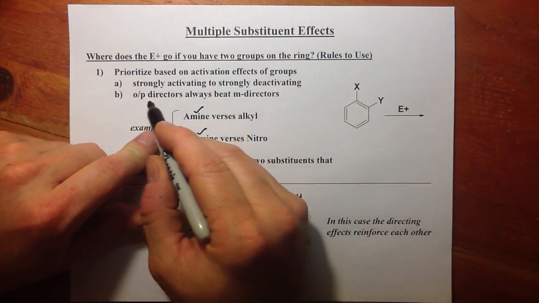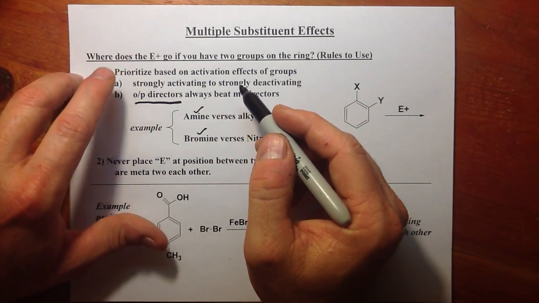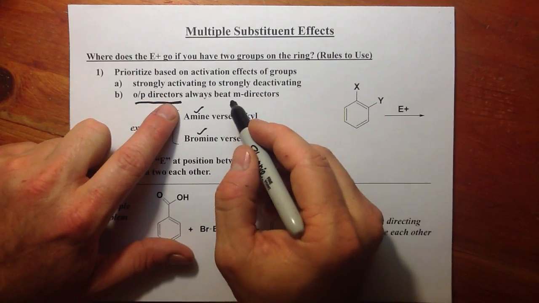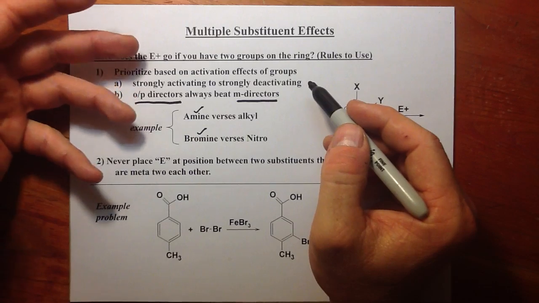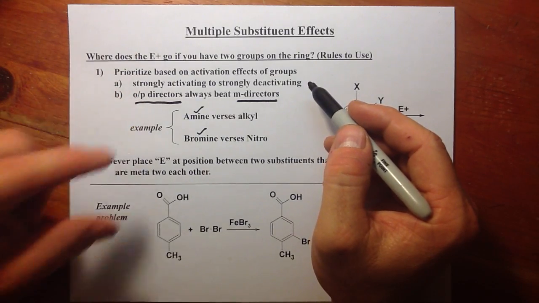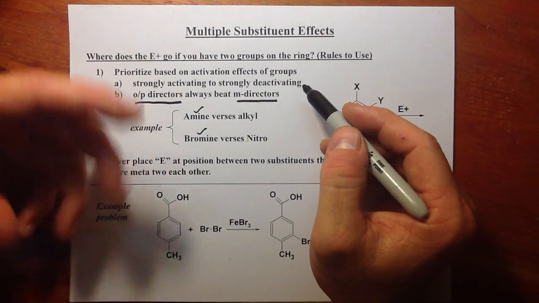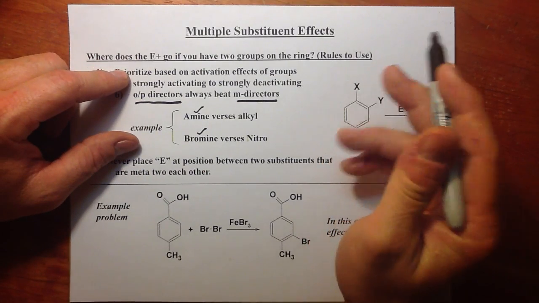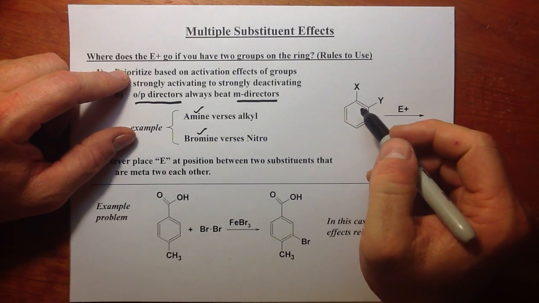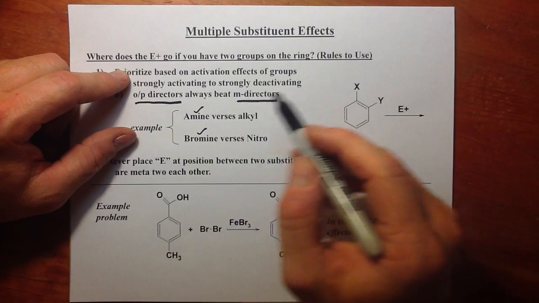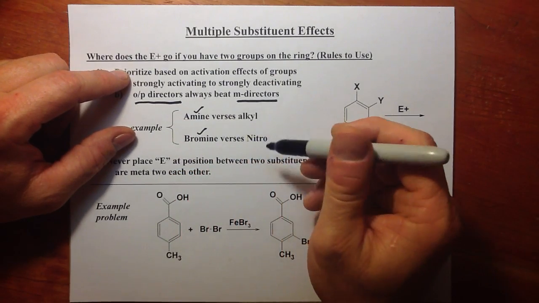So in that way, ortho-para directing groups, since we have the ortho-para directing activators and deactivators, they always beat meta directors because they're either the greater activators or least deactivating group. And we always want to go with those, the ones that are most activating of all the groups, or at least, if you don't have any activators, the least deactivating. So ortho-para directors typically beat meta-directing groups.